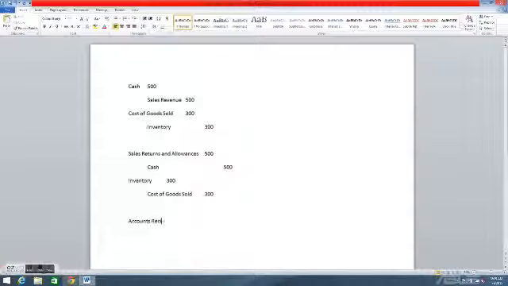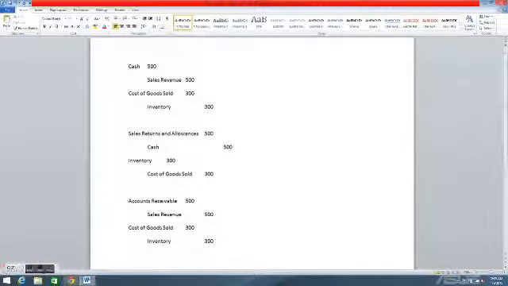So here we're going to debit accounts receivable for $500, and we're going to credit sales revenue for $500. And then debit cost of goods sold, just like in the entries if the good was sold for cash. Debit this for $300. And then credit inventory for $300.